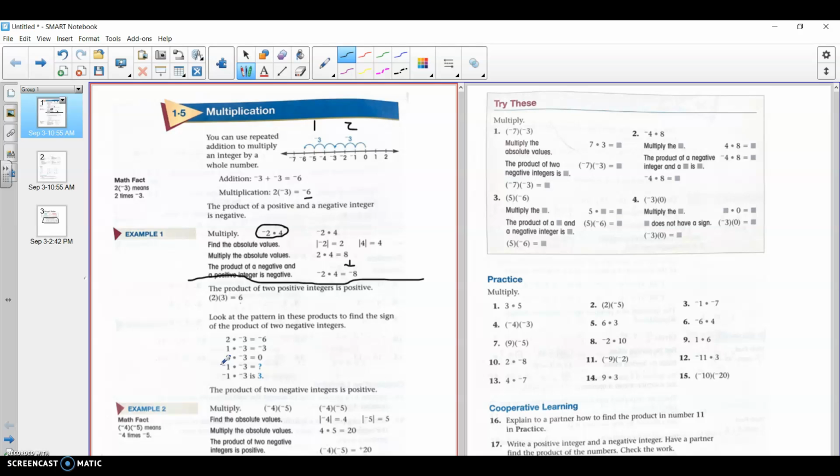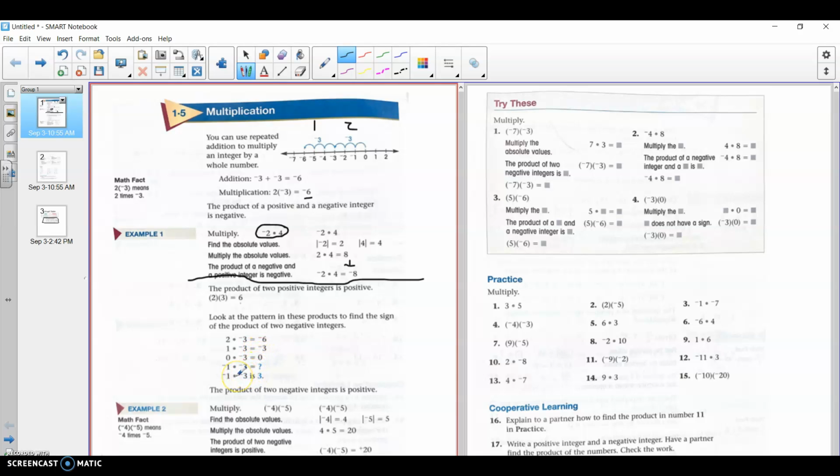Now, what happens with -1 times -3? Put a question mark there, but 3 times 1 is 3, and because you have two negatives, you have same signs, so your answer is going to be positive. -1 times -3 is a positive 3. That's what they're trying to show you here, this pattern. You go -6, -3, 0, then positive 3.